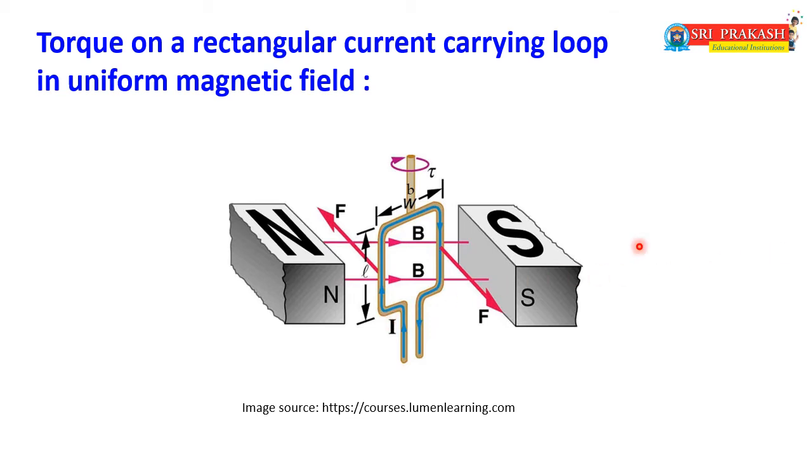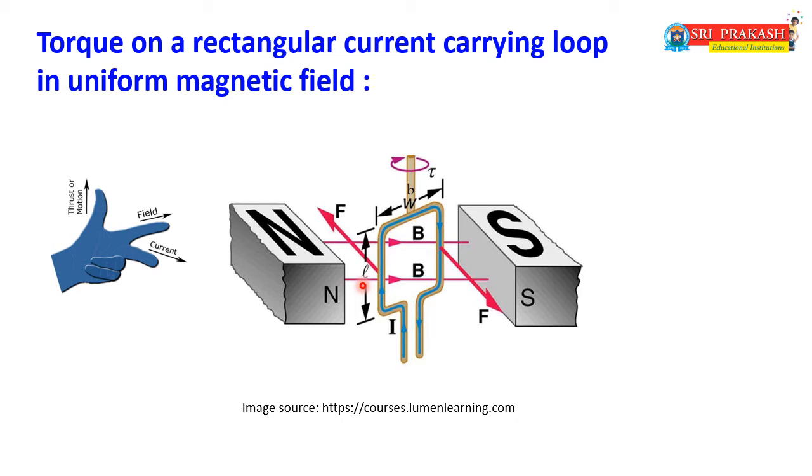According to Fleming's left hand rule, if you stretch your left hand three fingers as shown in the diagram, if the forefinger indicates the magnetic field direction and the middle finger indicates the current direction, then the thumb indicates the force on the current carrying element. Now apply this rule to this length element.